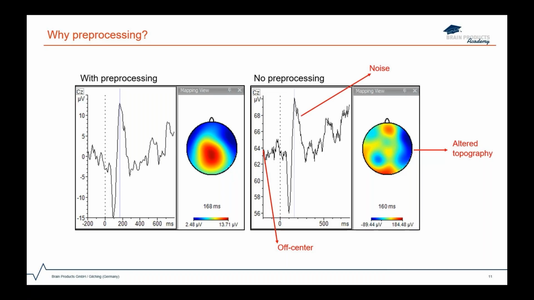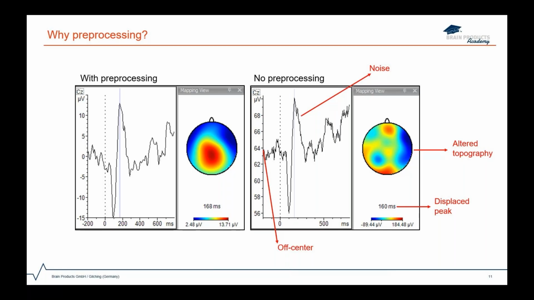Then we also have the high frequency noise, and this noise in turn makes it difficult to locate the peak of an ERP component, for example. On the other side, if we look at this preprocessed waveform, first it's centered around 0, and this centering has happened for all channels, which allows us to better see the distribution of our ERP components. It's also reduced in high frequency noise, and that allows us to do a more precise location of the peak of an ERP component.